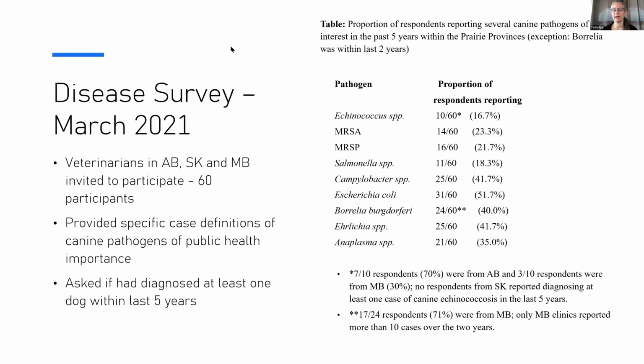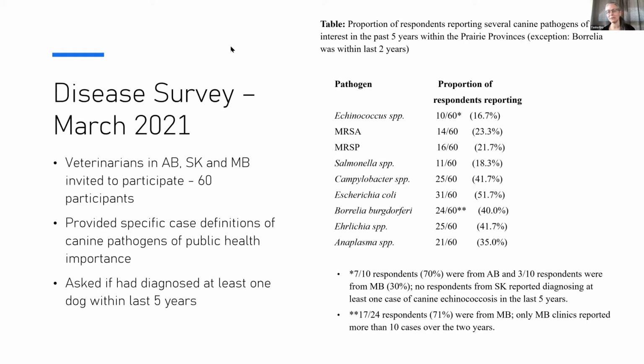Certainly, we did have all of these pathogens, with at least a number of clinics diagnosing them. Some of them were regionally specific. So Borrelia burgdorferi was most commonly diagnosed in Manitoba. Echinococcus was most commonly diagnosed in Alberta.